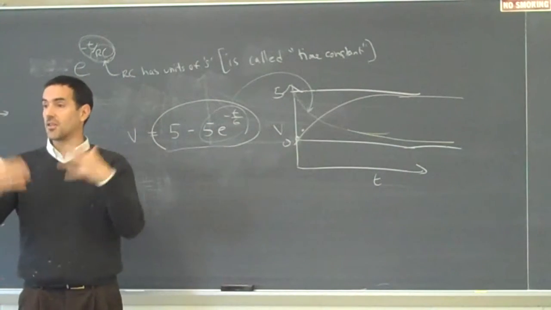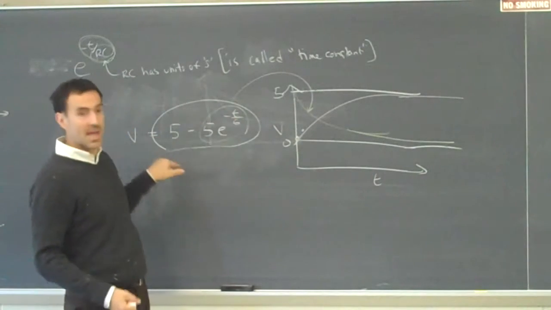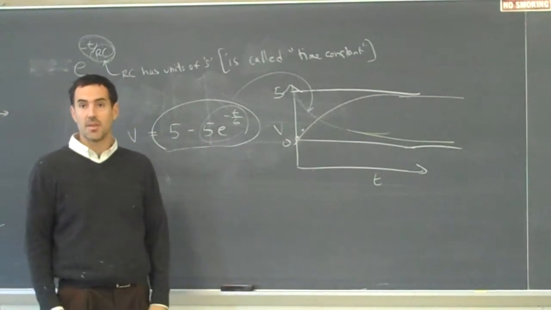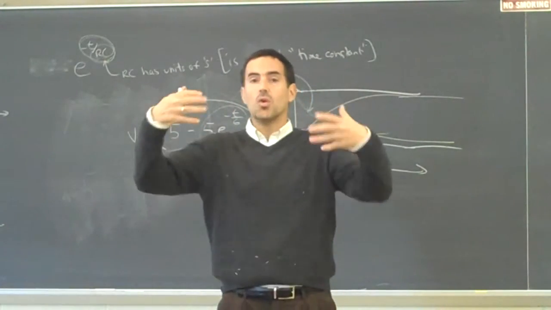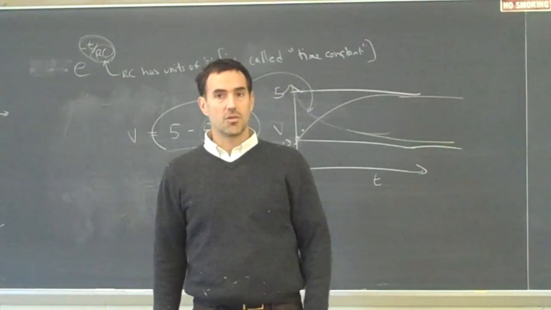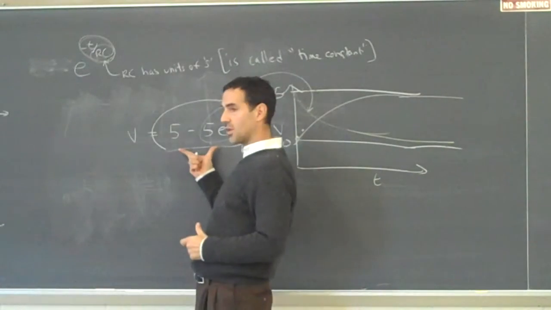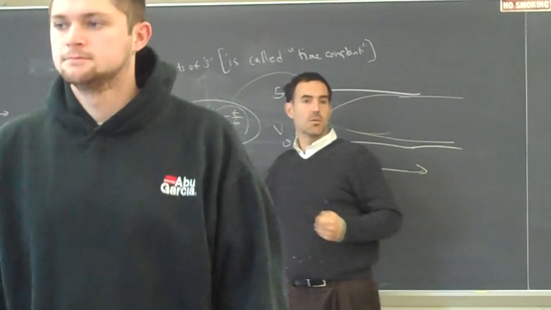You've taken all this effort, done all this math to figure out what's happening in the circuit, what's the voltage as a function of time. So you get this equation, but that equation isn't telling you anything as the engineer. So you need to somehow get this result and know what that result is telling you.